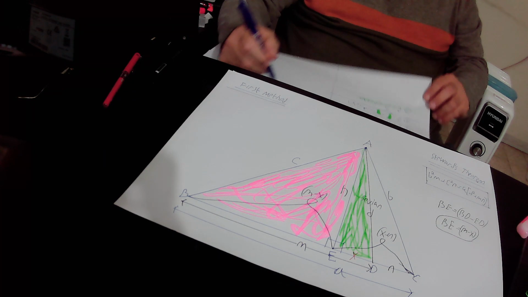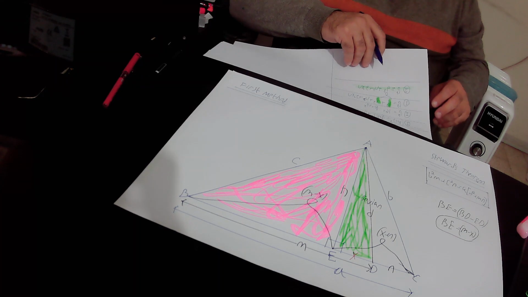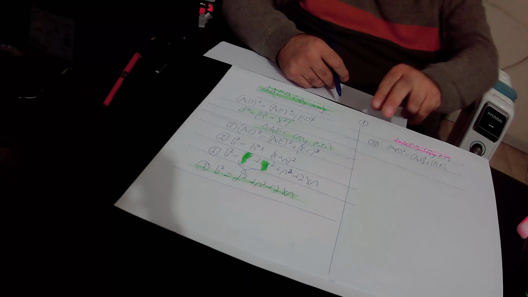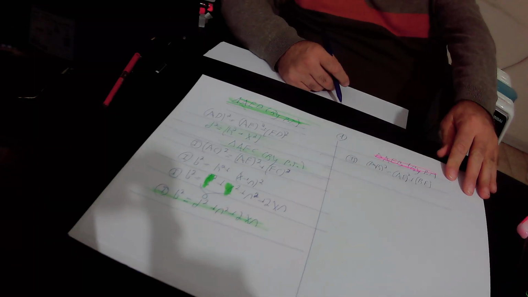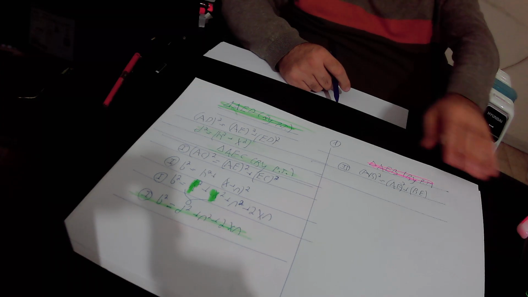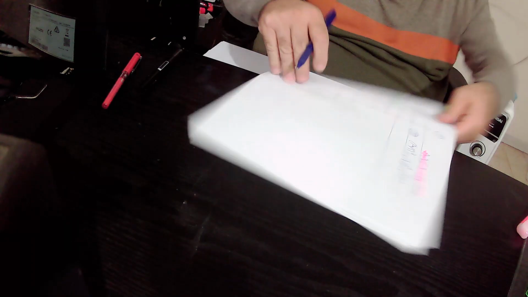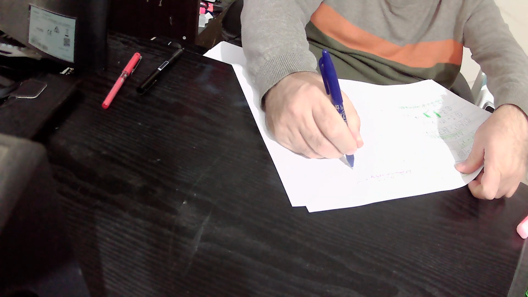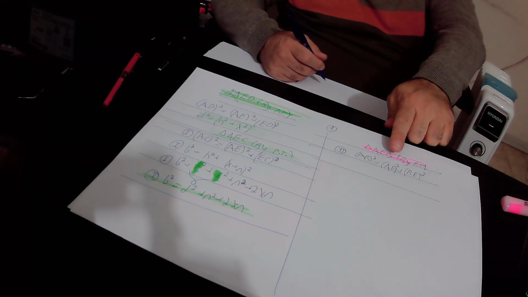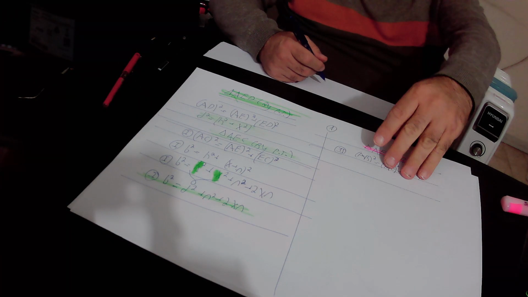Repeat again. In the pink right triangle AEB, according to the Pythagoras theorem, AB squared equals AE squared plus BE squared.